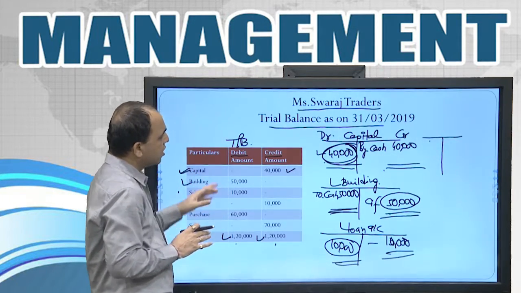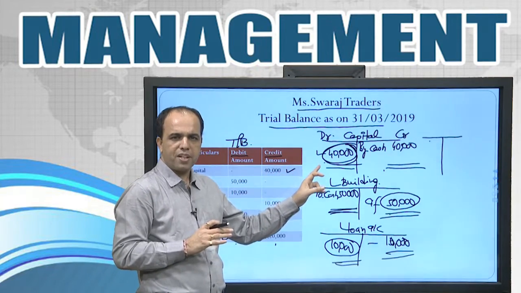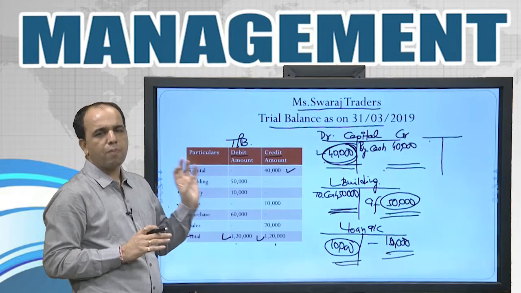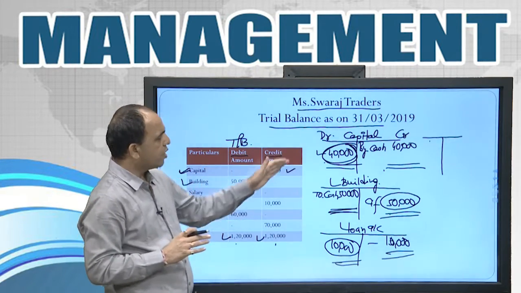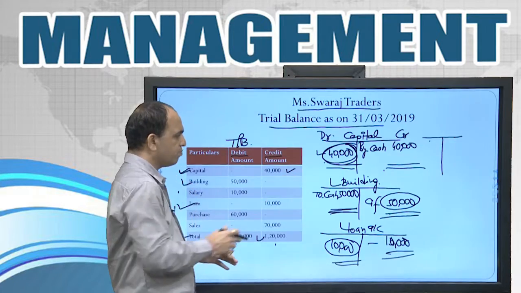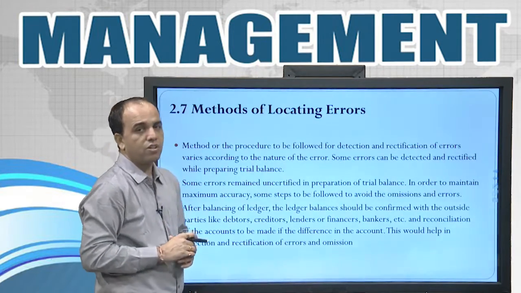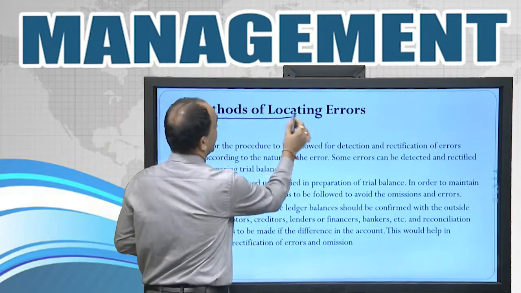So friends, these are the methods. Generally, we have three methods for preparing trial balance, but the balance method is a very popular and very easy method, and when you are writing out all the amounts, if it does not agree, it is easy to find out. Friends, very important is methods of locating errors.